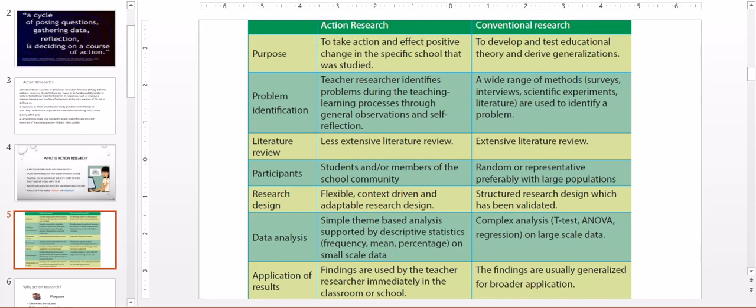Participants in action research are mostly students, and conventional research has a much wider range of random samples from a large population. Research design is very flexible and content-driven, because action research looks at how I enhance the content delivery, how I enhance the students' learning achievement, etc. Whereas conventional research has a structured research design which has been validated.